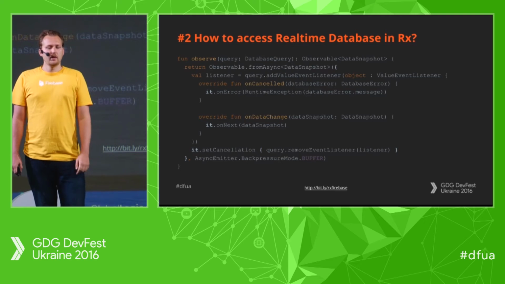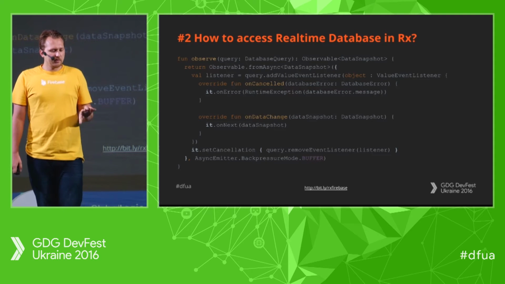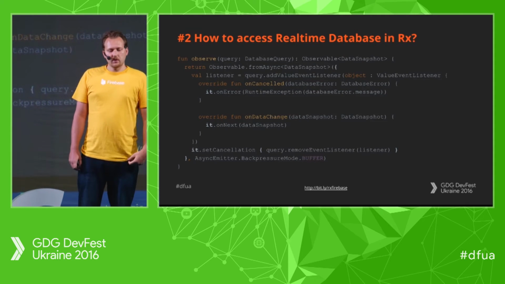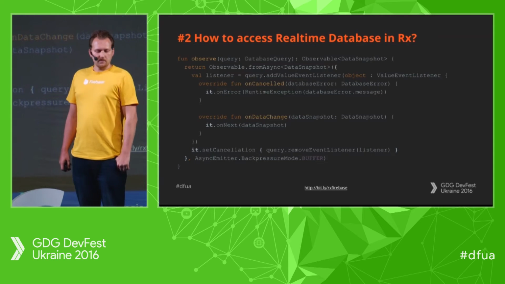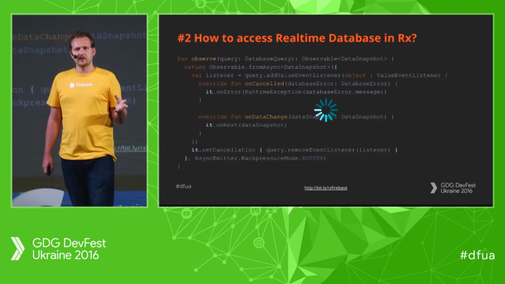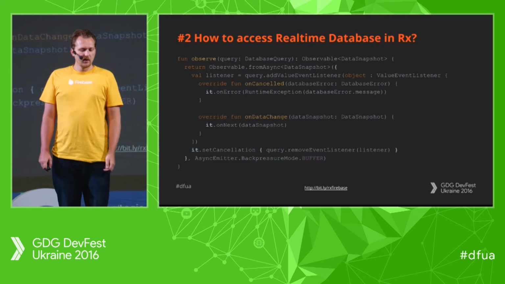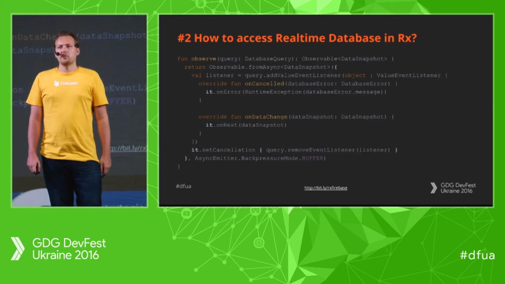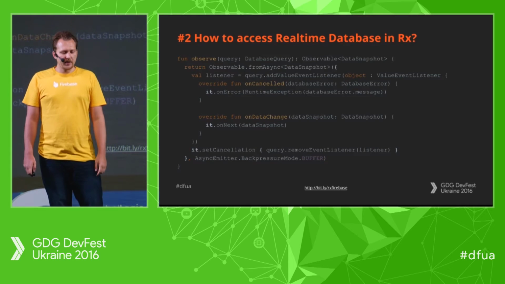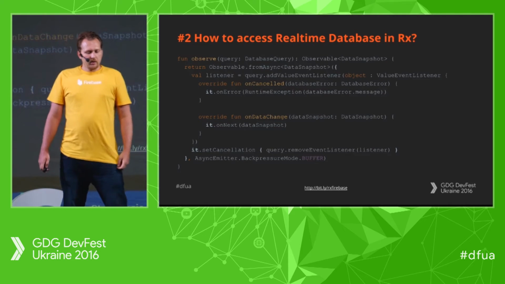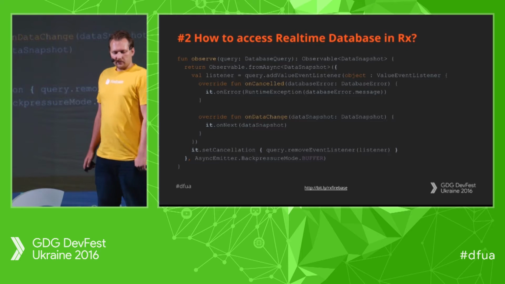It's a new API since about two months ago, I think, in Rx. It just wraps these callbacks and creates observables. It's quite easy. And the nice thing about fromAsync is that it also handles back pressure and other stuff for you.